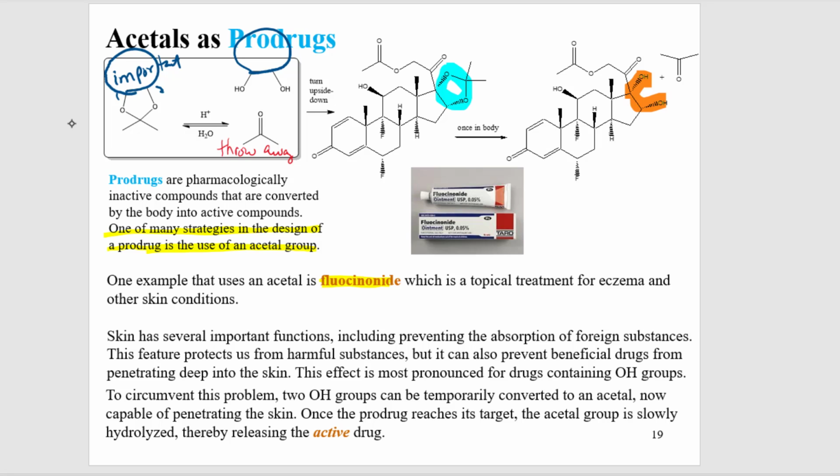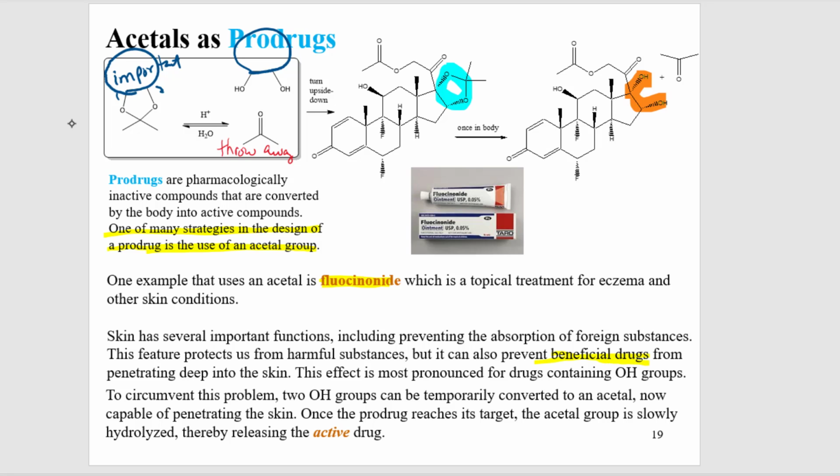Now, our skin is a fantastic barrier, as it should be, to prevent foreign substances from crossing, right? So what you've got to do is make the molecule able to cross our skin to get to where it needs to go. The function of our skin is to protect us from harmful substances, but it also prevents the beneficial drugs from getting there as well.